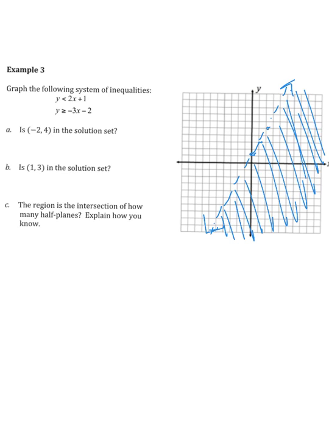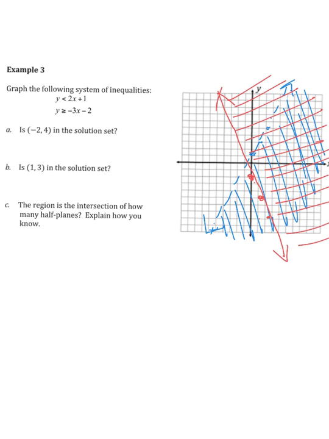For the second inequality, I'm going to start with the y-intercept of -2 and apply the slope of -3, so that's down 3, over to the right 1. That is a solid line because the inequality does have an equal sign, and all values for y are higher than that line, so that's above the line.